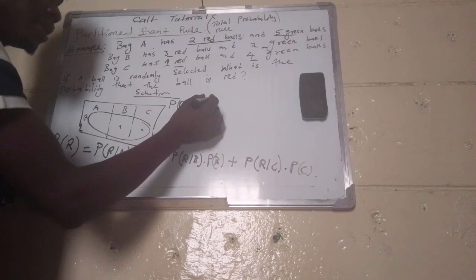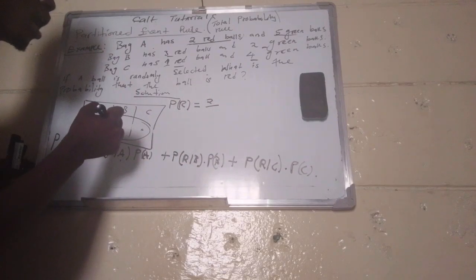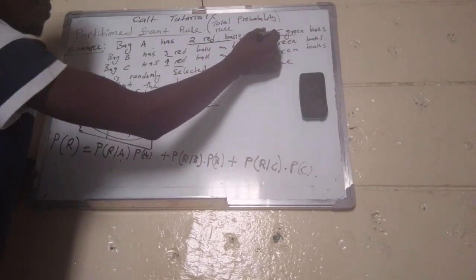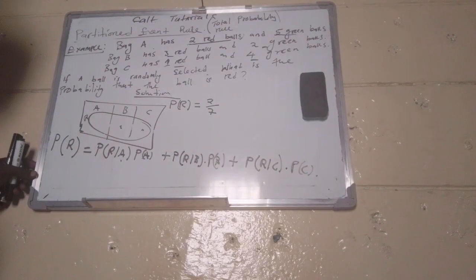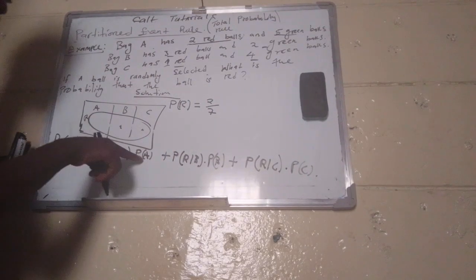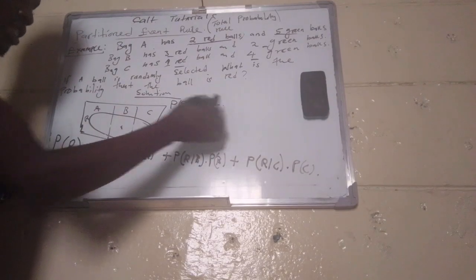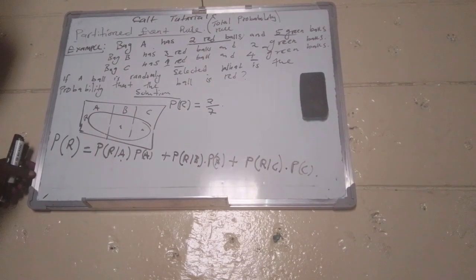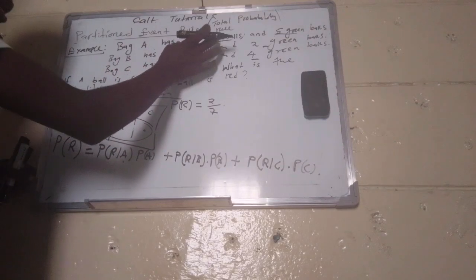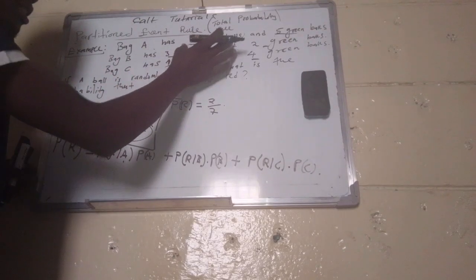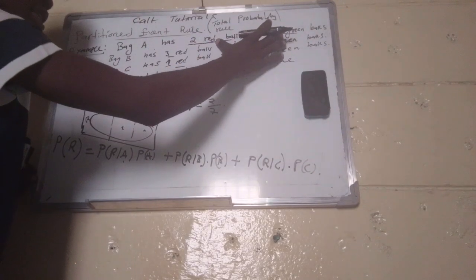I have 2 out of how many balls? I have 5 plus 2, which is 7. Multiply by the probability of A. A in this case has a total of 7 balls.